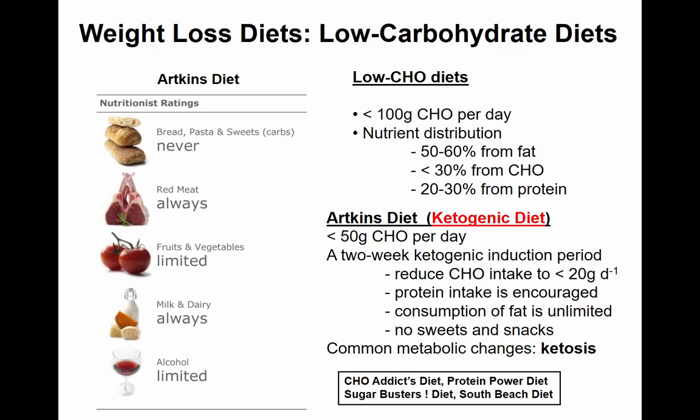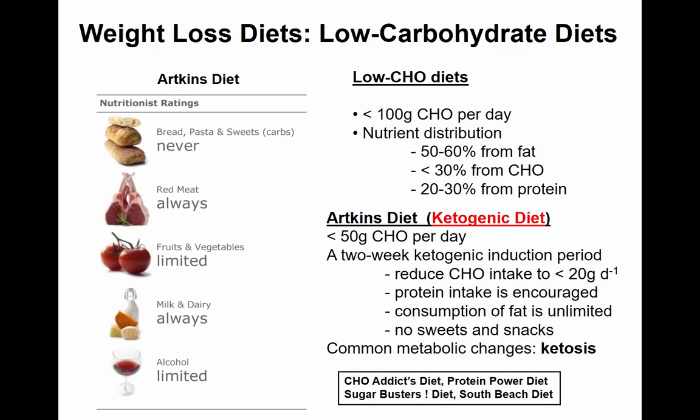The ketogenic diet is even lower in carbohydrate, for example, less than 50 grams per day. So you really limit carbohydrate intake. Protein intake is encouraged, and you can take the normal amount of fat that you usually eat, right?